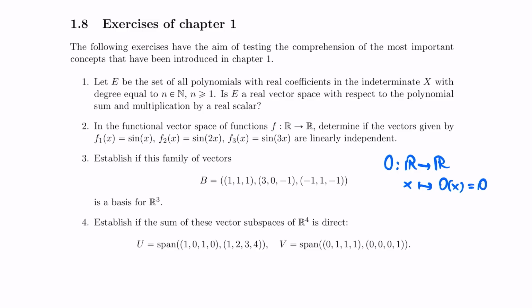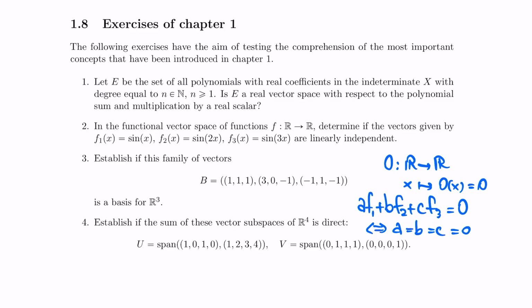Now we use the definition of linear independence. That is, f1, f2, and f3 are linearly independent when the linear combination a f1 plus b f2 plus c f3 equals the null function is solved if and only if a equals b equals c equals 0.